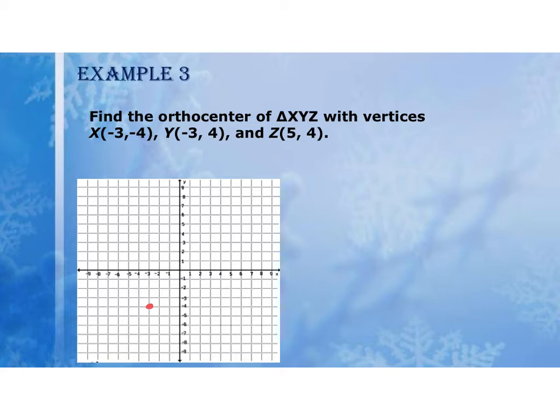This is vertex X. Then I'm going to graph (-3, 4). And that'll be Y. And then lastly, (5, 4). And this will be Z. I can go ahead and connect the vertices to form my triangle.